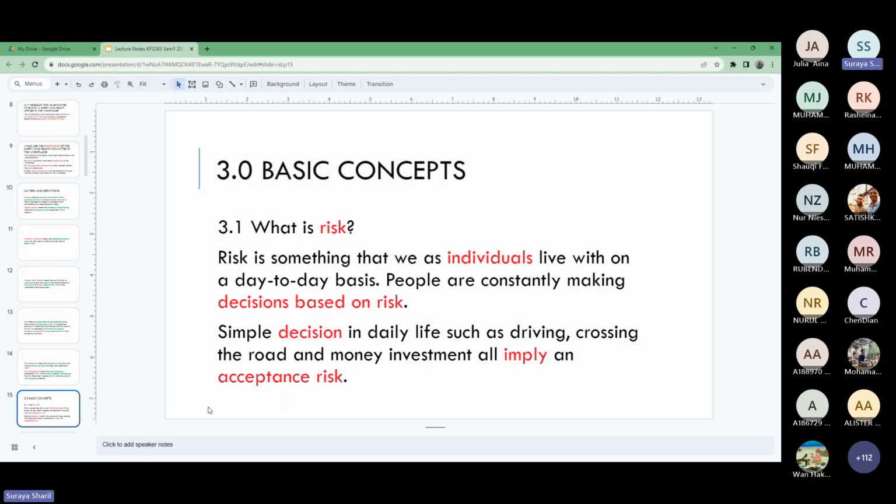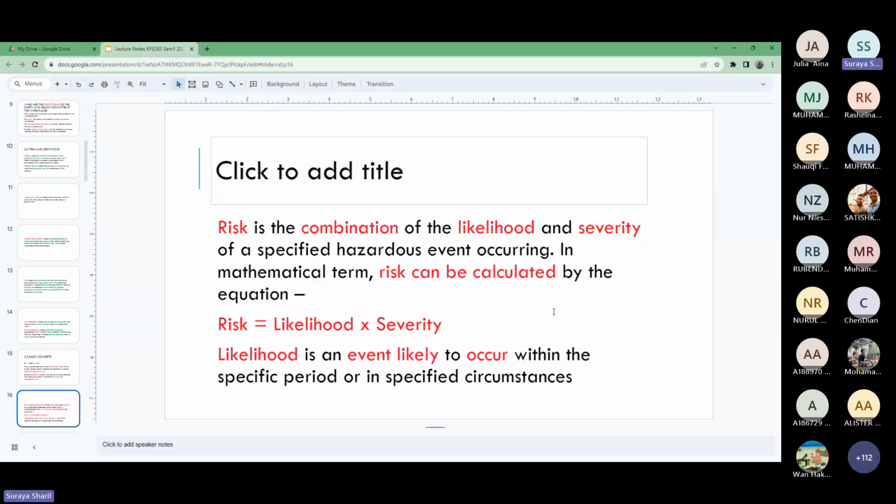So another important concept here, we decide risk management based on the decision of an acceptance of risk. So risk is a combination of likelihood and severity.